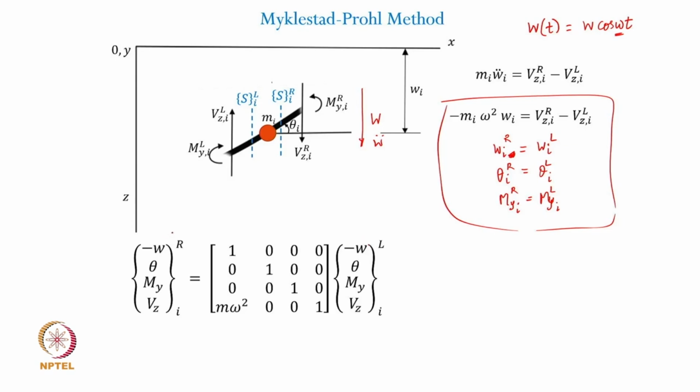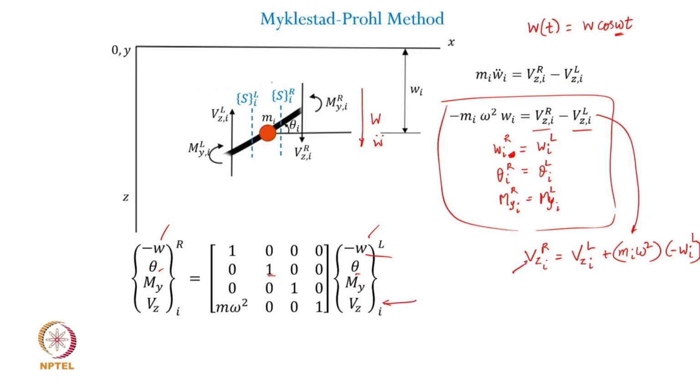Of course, WIR is equal to WIL, theta is equal to theta, and therefore all the diagonal elements will appear. So here you can see that I can rewrite this as VZIR equal to VZIL minus, or I will write this as mi omega square into minus wi. And because this is minus wi, this is the equation that you get. The last row is going to be what we have got here.